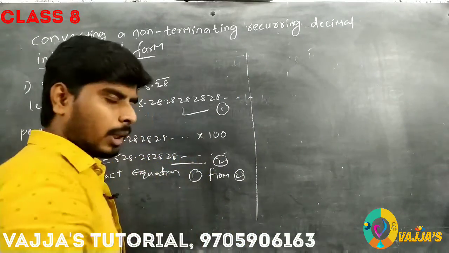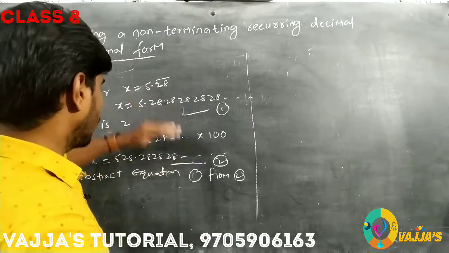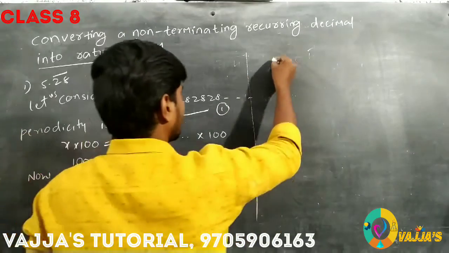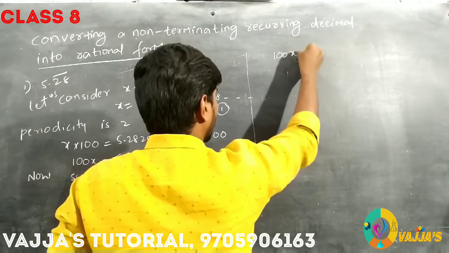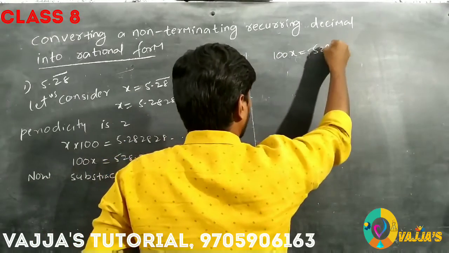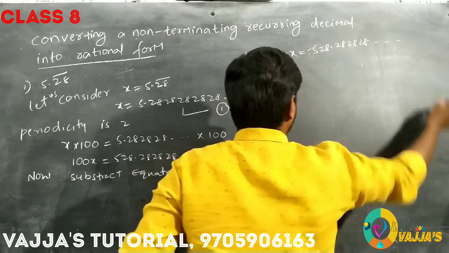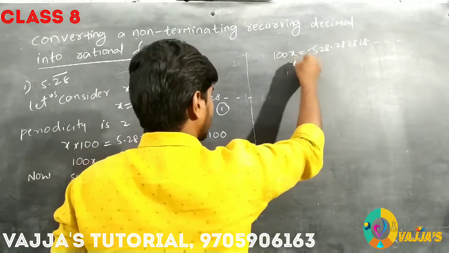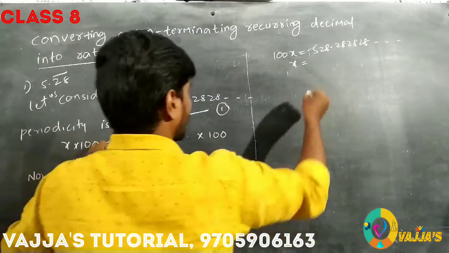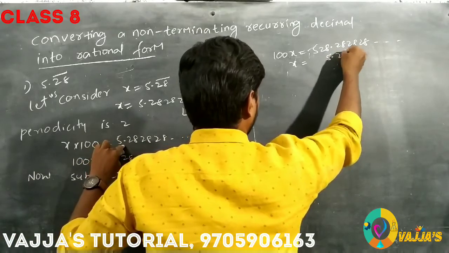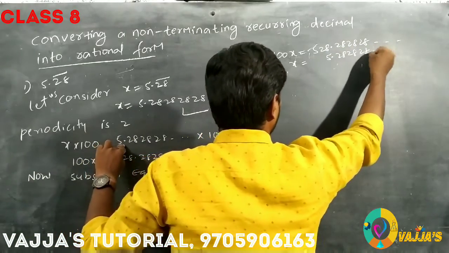We are going to subtract this from this. 100x is equal to 528.28, 28, 28, and so on, and equation 1 is x equals 5.28, 28, 28, and so on.